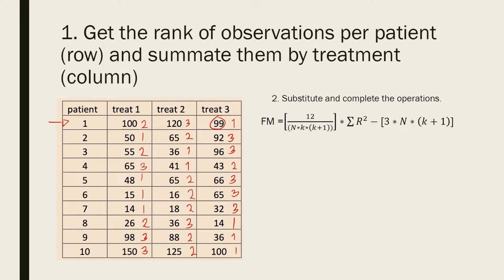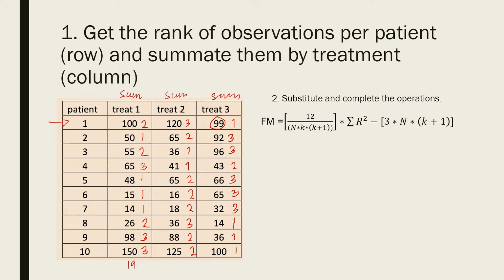Okay. So once na nakuha na po natin yung rankings ng ating treatments, all you have to do next is add them by treatment naman po. So sum of treatment 1, sum of treatment 2, and sum of treatment 3. So that would amount to 2 plus 1 plus 2 plus 3 plus 1, 1, 1, 2, 3, 3. That's 19.